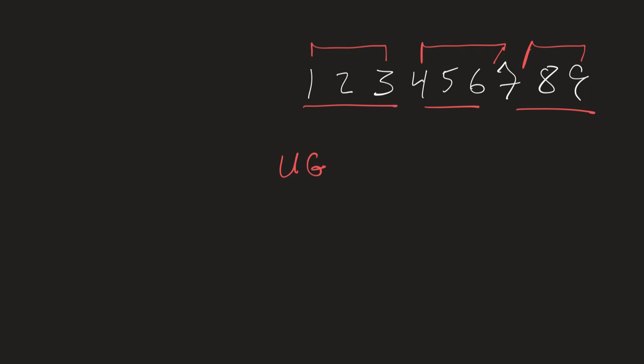Read to me the letters. UG. UG. So UG what? UG. Okay. So it just repeats UG all the way to 12, yeah. So 1, 2, 3, 4, 5, 6, 7, 8, 9, 12 what?